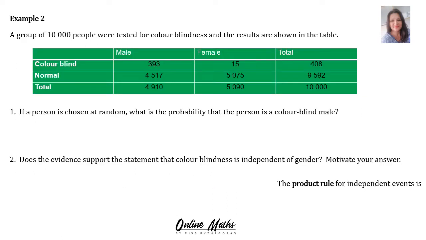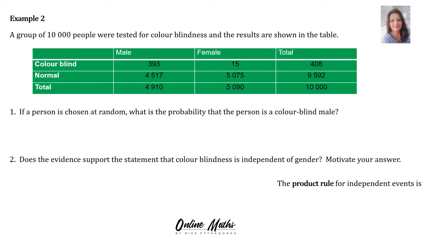A group of 10,000 people were tested for color blindness, and the results are shown in the table. In the first row there's male, female, total, and then in the first column there's colorblind, normal and total. Number 1. If a person is chosen at random, what is the probability that the person is a colorblind male?